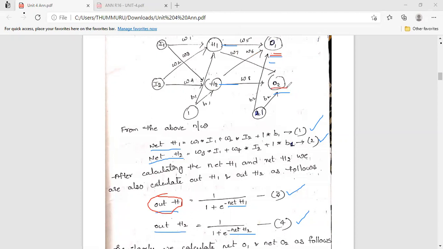As well as O2. Net of O2, the input value of O2, equals W7 into output of H1 plus W8 into output of H2 plus 1 into B2. Okay, these are the net O1 and net O2 values.